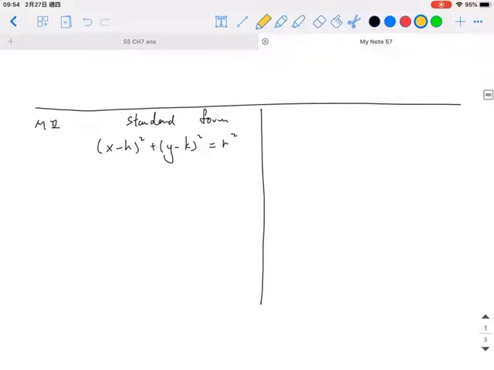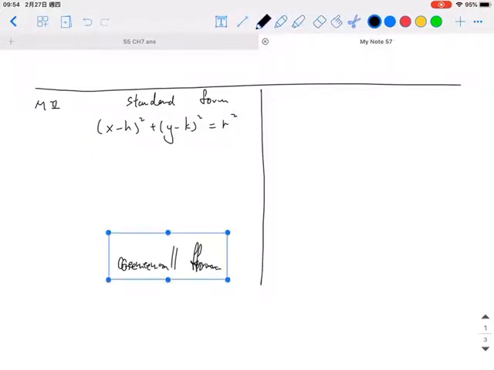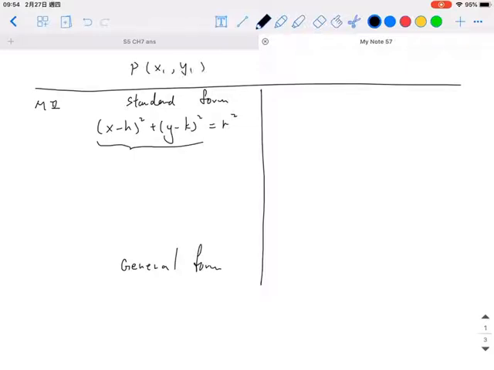First of all, we just take a revision about how to get from standard form to general form. From the standard form, it is easy to see this item is a point. Let's say P is (x1, y1).